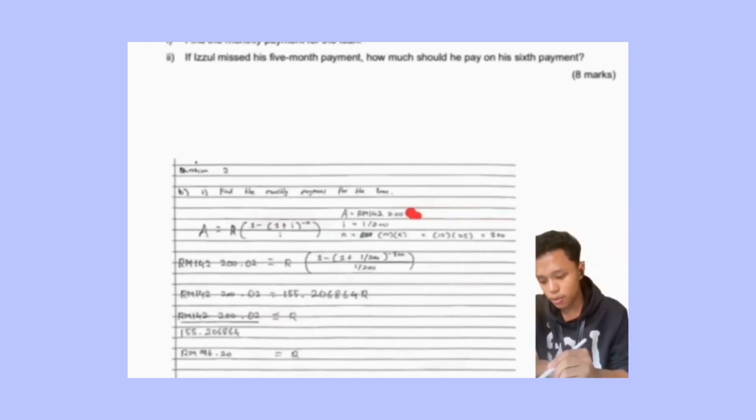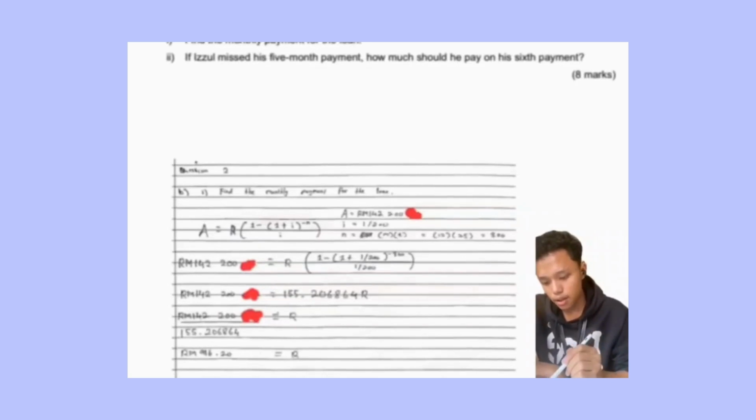So we got 142,200 ringgit equals R times (1 minus (1 plus 1 per 200) power of negative 300) per 1 per 200. So we calculate the right side first.